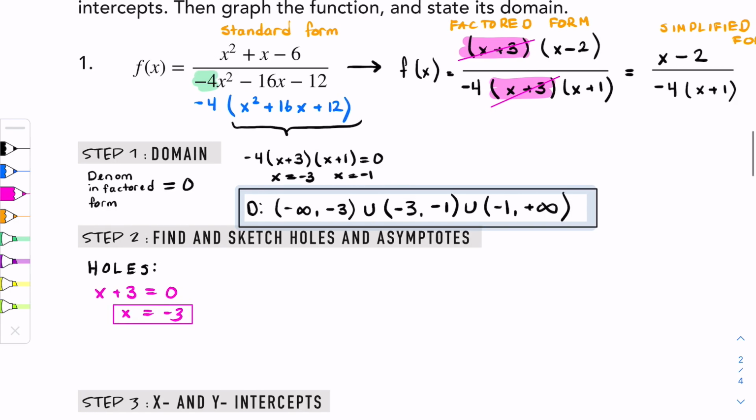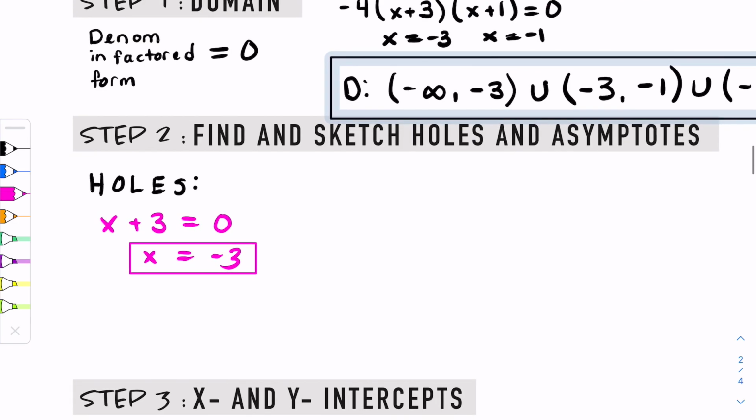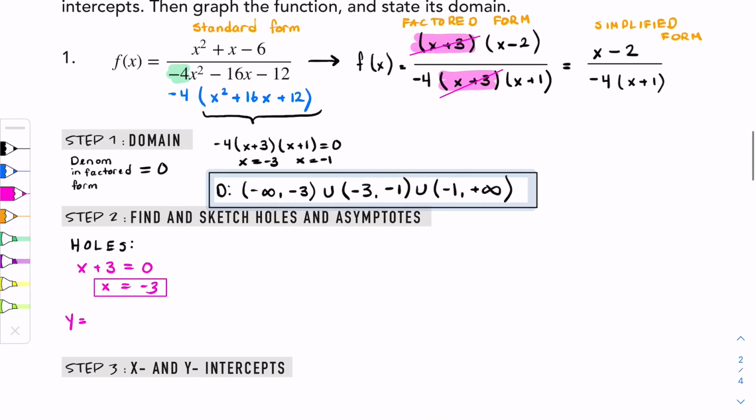And then once we substitute x equals negative 3 into the simplified form, so we'll substitute x equals negative 3 into this form. That's going to give us the y value. So y is found by negative 3 minus 2 divided by negative 4 multiplied by negative 3 plus 1.